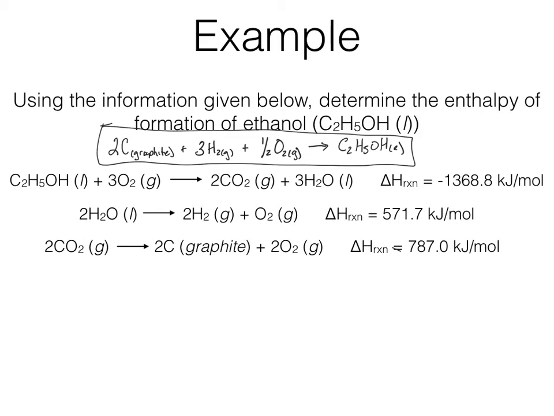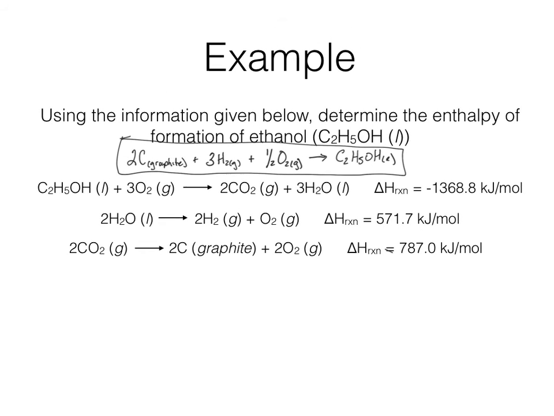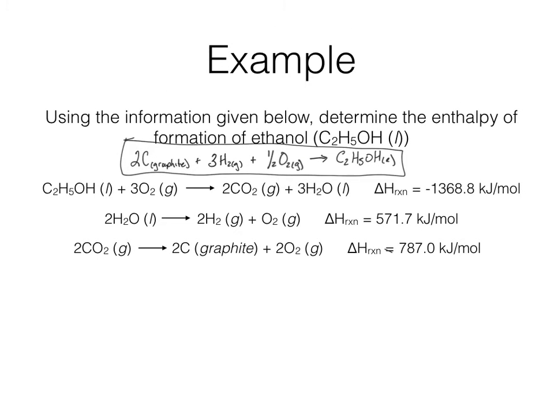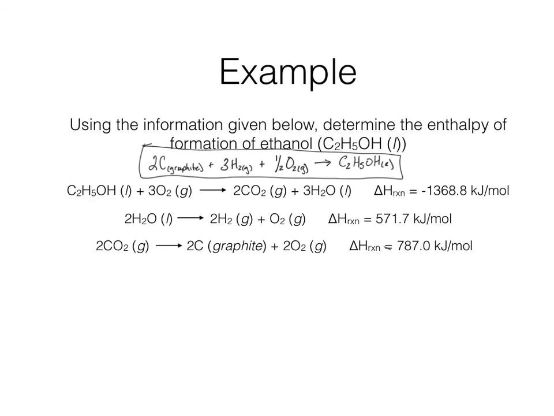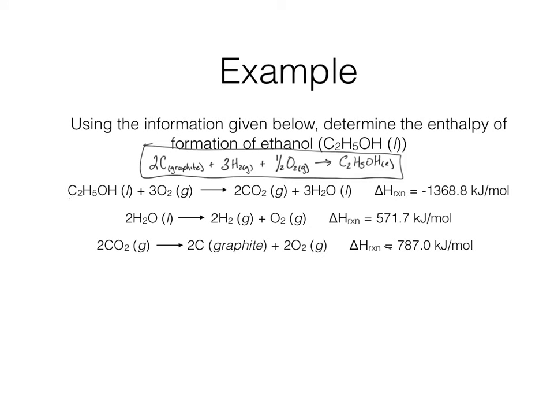The next thing I do is start planning my work. I look at the equations that are given to me, and the first thing I do is mark my products, and then I mark my reactants.